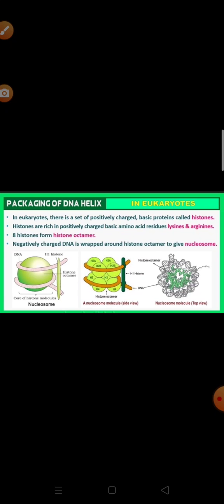Now, how is this packaging done? Roger Kornberg reported that the chromosome is made up of DNA and protein, and another scientist came forward later on, Beadle and Tatum. They reported that chromatin fibers look like beads on a string, but the beads are repeated units of protein.